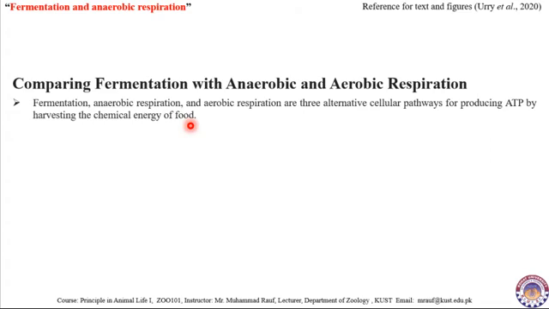Aerobic respiration is of course the one where oxygen is present. A glucose molecule is broken down into two molecules of pyruvic acid. Pyruvic acid is converted into acetyl coenzyme A, which enters the Krebs cycle, and all the NADH and FADH2 generated in this process are used to deliver electrons to the electron transport chain, where oxygen acts as the final acceptor of electrons.